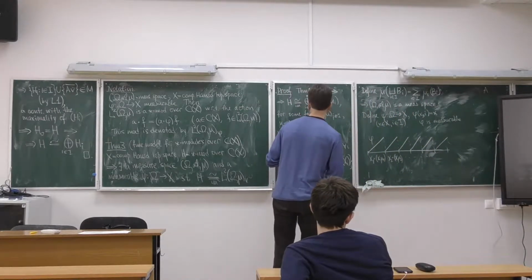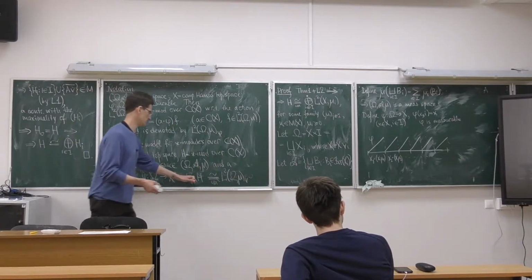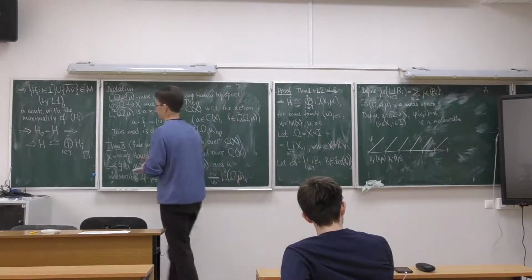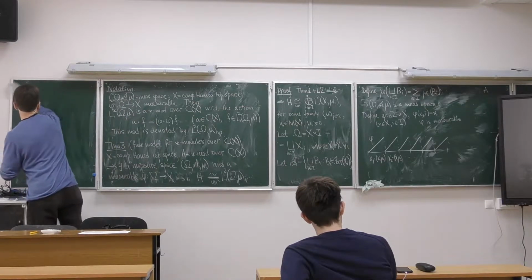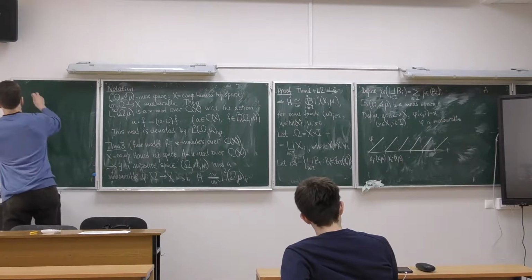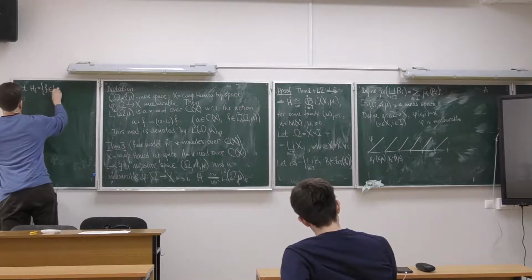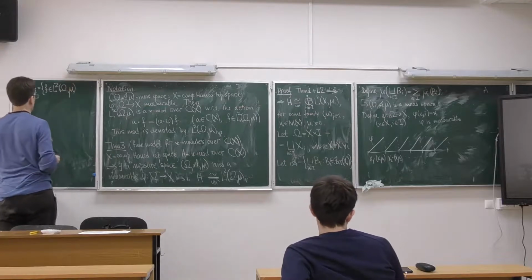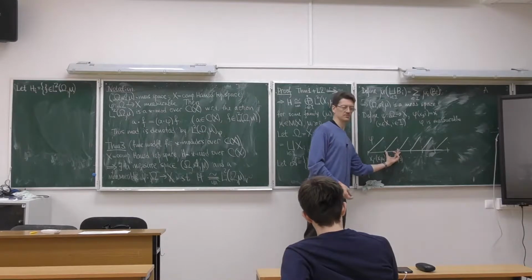Okay, now we have to construct a unitary isomorphism between H and this module L2 of Omega, mu. To construct this isomorphism, let's introduce some notation. Let H_i denote the set of those elements f in L2 of Omega, mu, which are concentrated on the i-th space in this union.